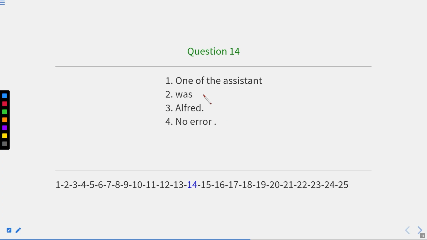Now whenever we write the phrase one of the, it should always be followed by a plural noun. If I say one of the, obviously there are more than one, and I can pick one out of that. So after this phrase, we can only have a plural noun. Therefore, here assistant should be replaced with assistants.